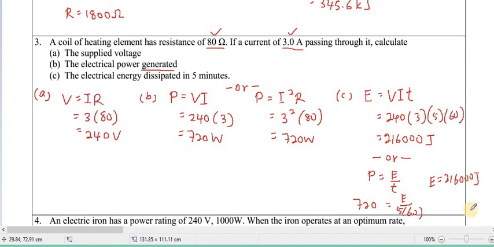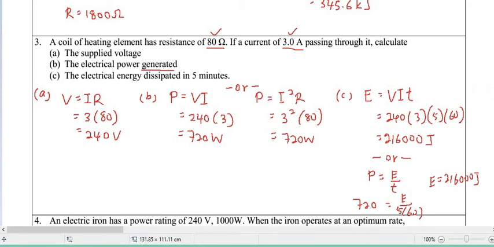Usually, questions in this chapter 3 that involve electrical energy, electricity, voltage, current, power and so on have many different methods to solve. There is no one fixed method. There are a lot of different methods you can use to reach the same answer.